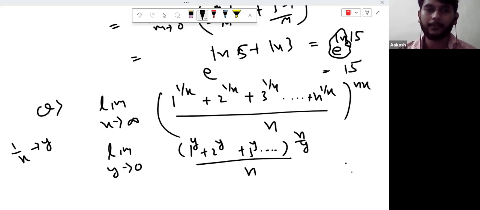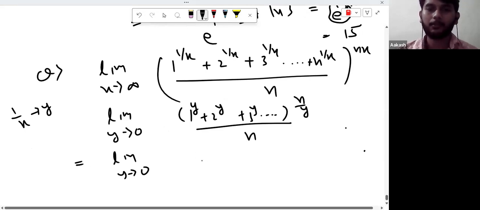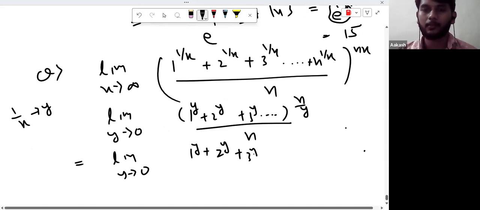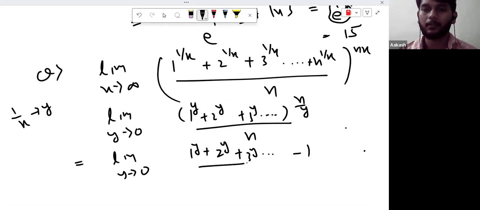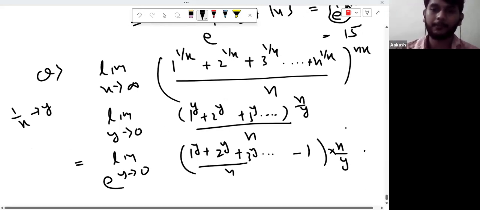We can say limit y tending to 0, 1 upon y, 2 to the power y plus 3 to the power y minus 1, n upon y into n upon y, and this whole thing is into the power of e.